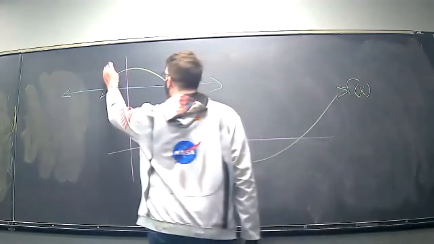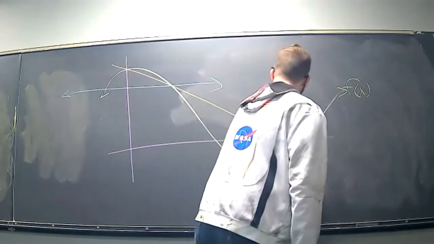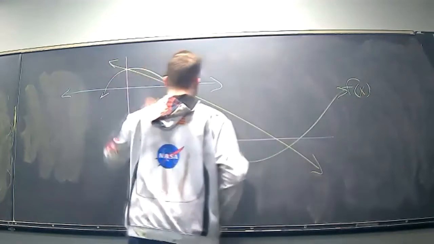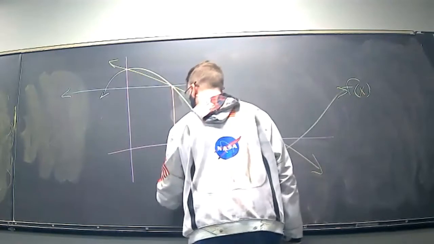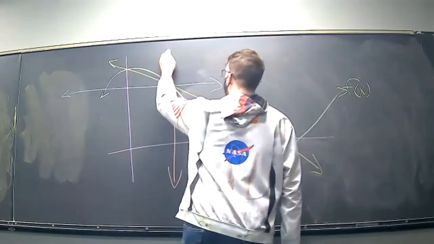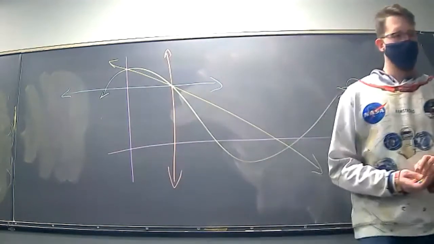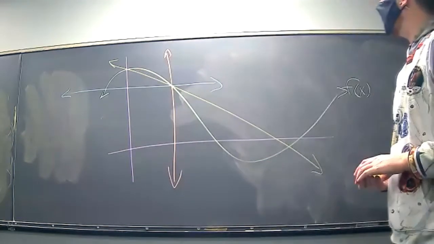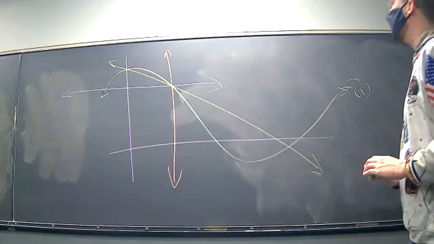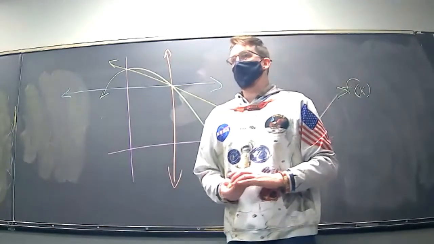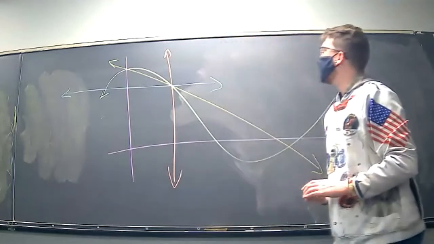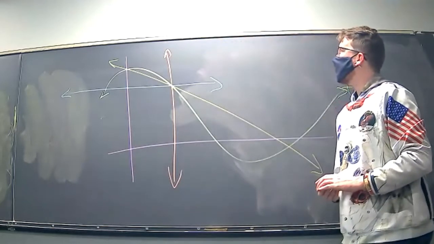We're going to have this curve here, this line, that line. Of these, which are secant lines? Probably the green one.